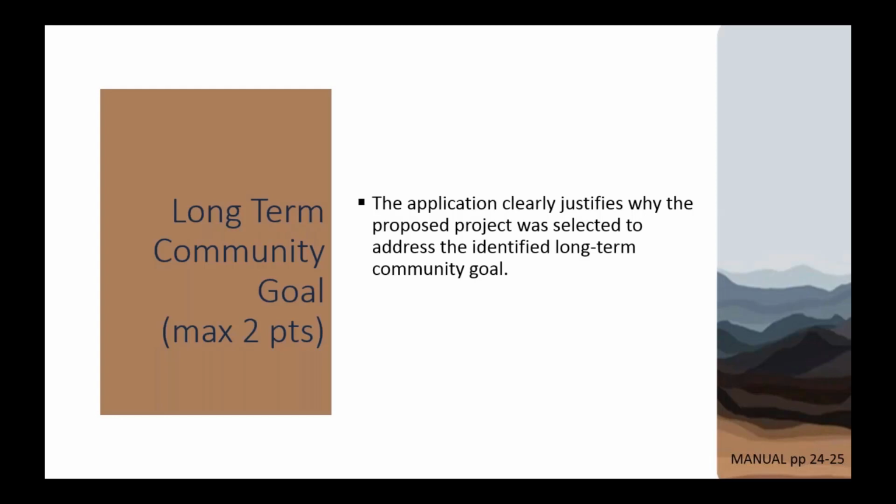The numbers differ between program areas. Native language has more elements under it, so the numbers will be different for each FOA. We will do our best to make sure you know where we're at when we refer to them, but keep in mind that the numbers will be different. But for now, the first one for all of them is the long-term community goal.